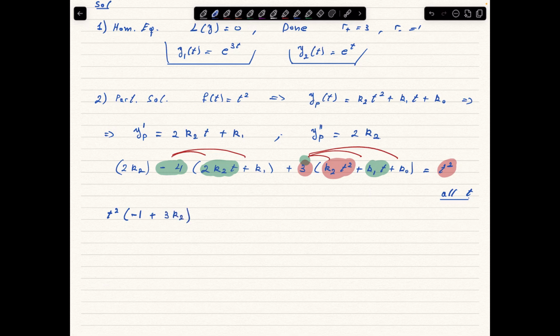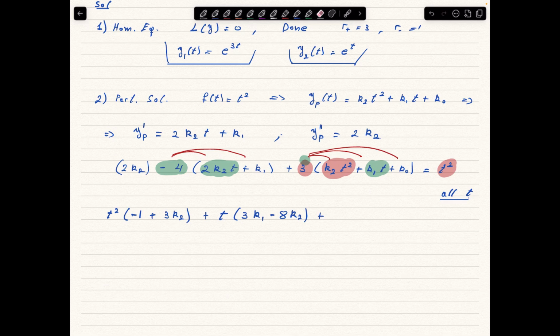Okay, then we have the terms that have a t, which is going to be the 3k1. I started with these two terms, and then these two. So negative 8k2. Okay, and then plus all the rest.